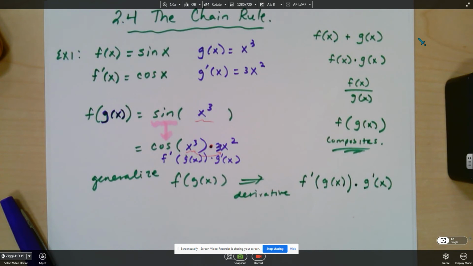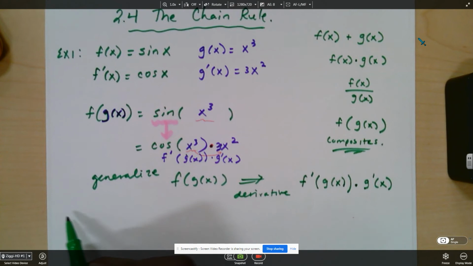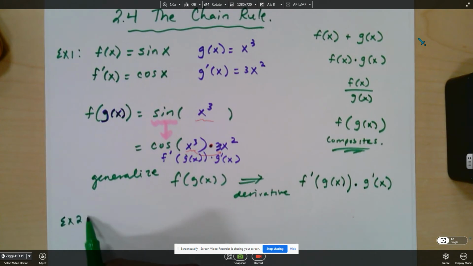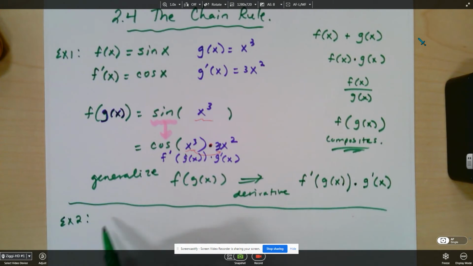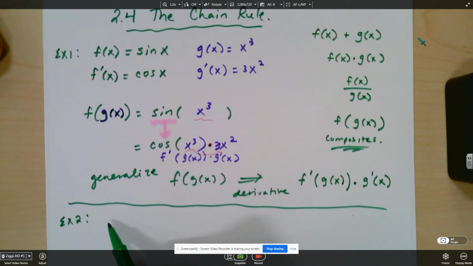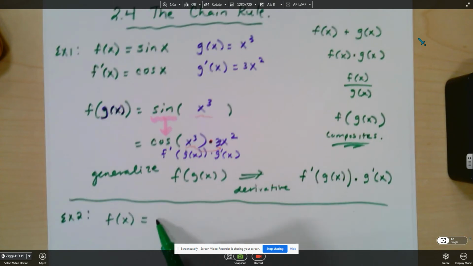Okay, so let's try one more, just so that we start to get a better feel for these. And let me give you 3 pieces, and easy ones to identify, inner, outer.